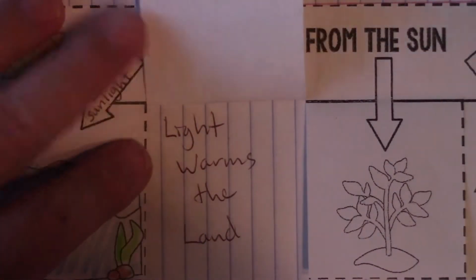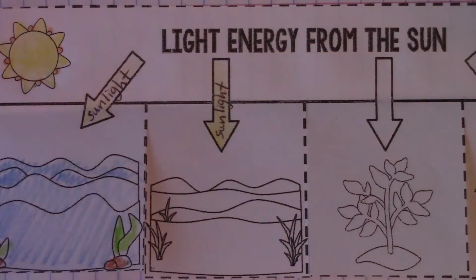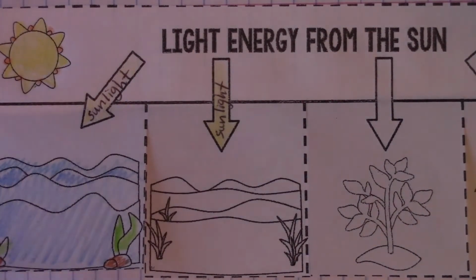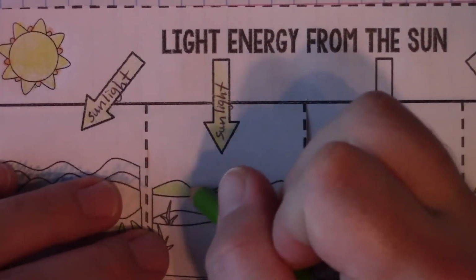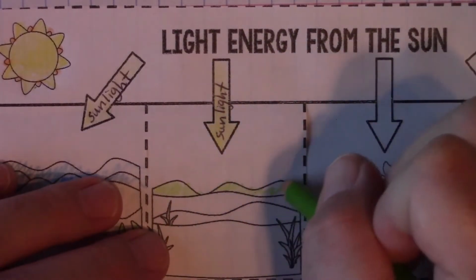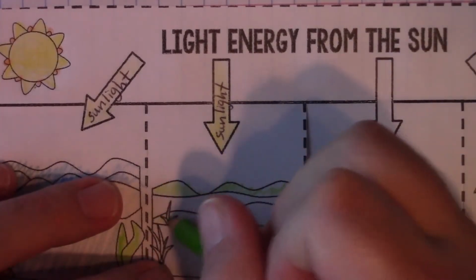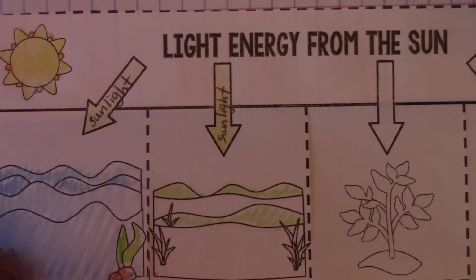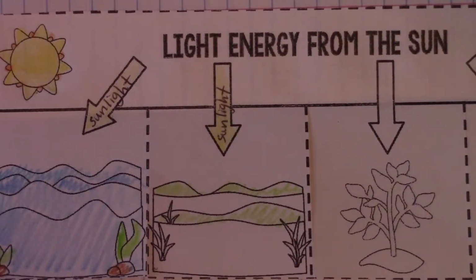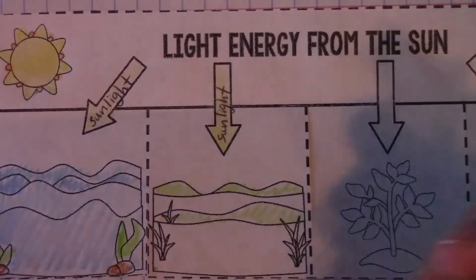So not only the water, but the land. That heat from the sun, that warmth from the sun, again allows plants and animals to stay alive without being frozen. Okay.